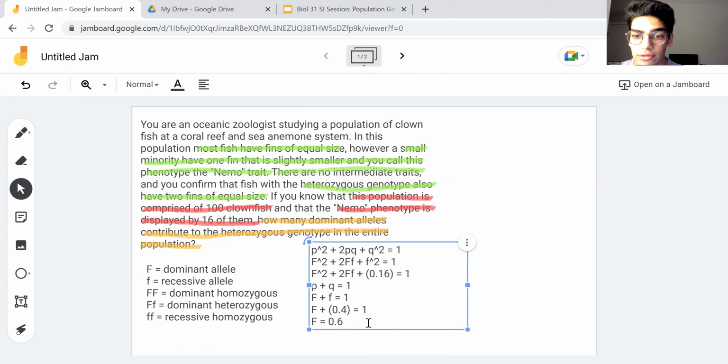The way we can do this is by substituting our big F frequency and our little f frequency that we just figured out from using the p plus q equals 1 equation. So what we can do is 2 times big F, or 0.6, times little f, 0.4, equals, let's figure out what that equals.